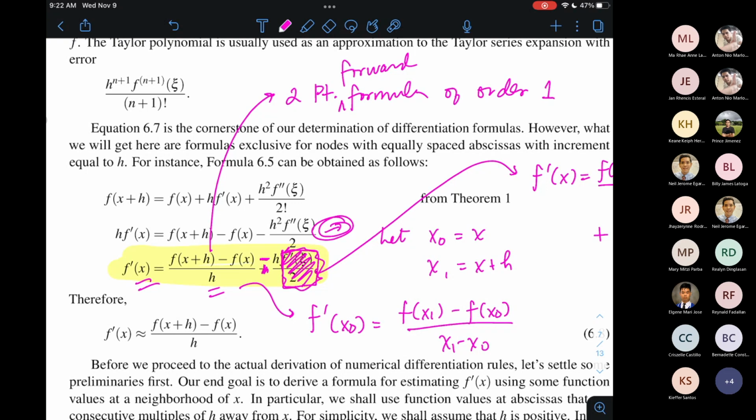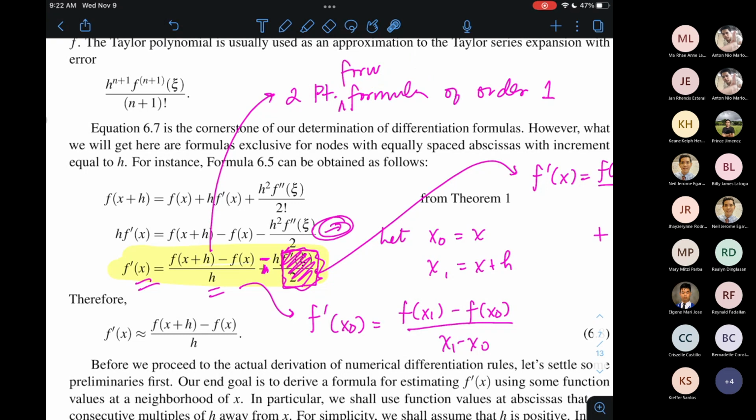Now, in the next few sessions, we will discuss how to derive a, say, a 3-point backward formula of order 4 or a 5-point centered formula of order 2. So yun yung titingnan natin. And in the next exercise, that's what I want you to do. All right? Ang papagawa ko sa susunod na exercise, magbibigay ako ilang points yung gagamitin.